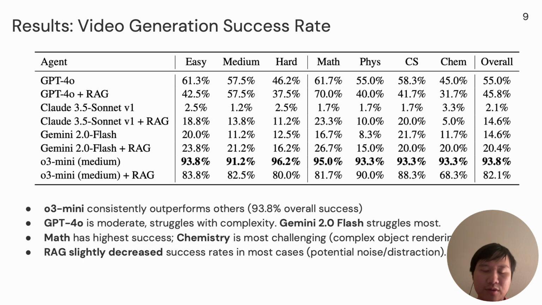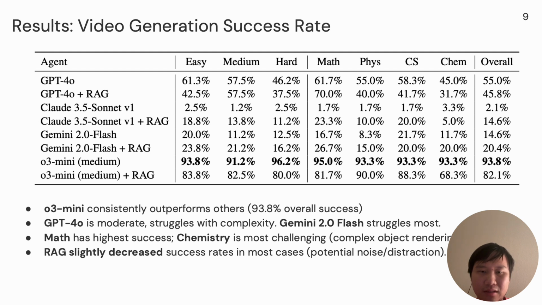Here we show the results on whether the models can generate proper videos in Manim. We found that O3-mini is the most stable agent with a 93.8% success rate, but GPT-4o also performed reasonably well, and Gemini struggled with complex theorems.